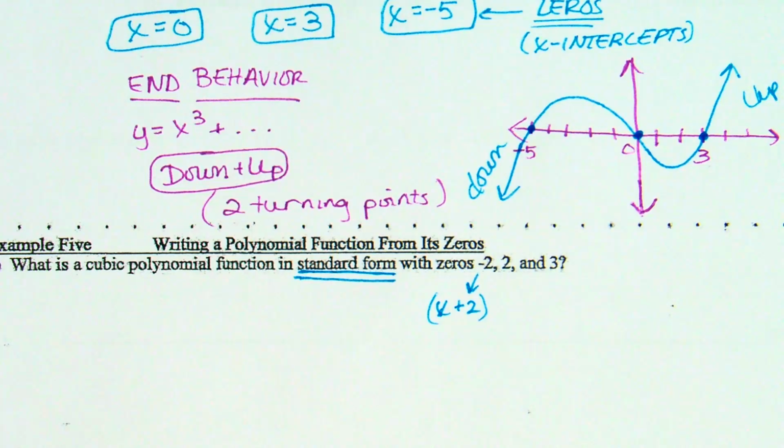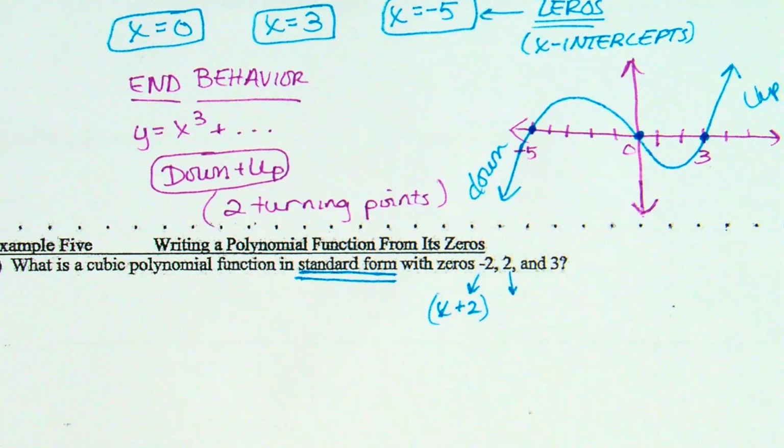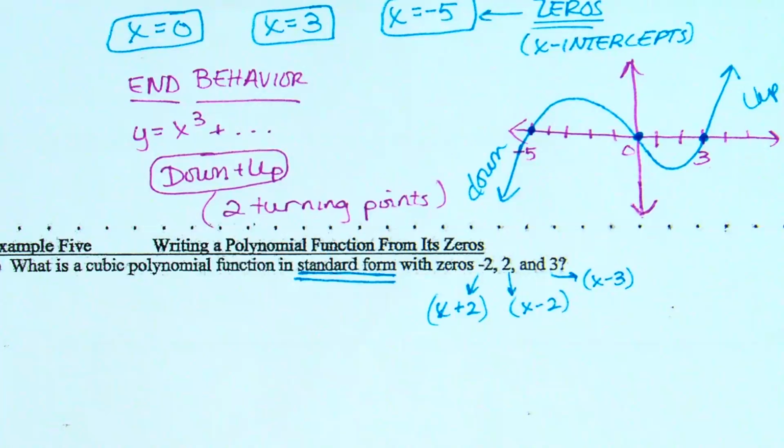Where would a zero of 2 come from? x minus 2. So realize we're just changing the signs, right? And where does the zero of 3 come from? x minus 3.